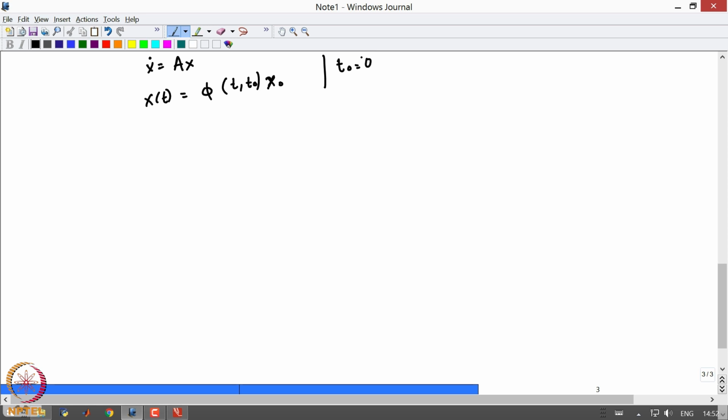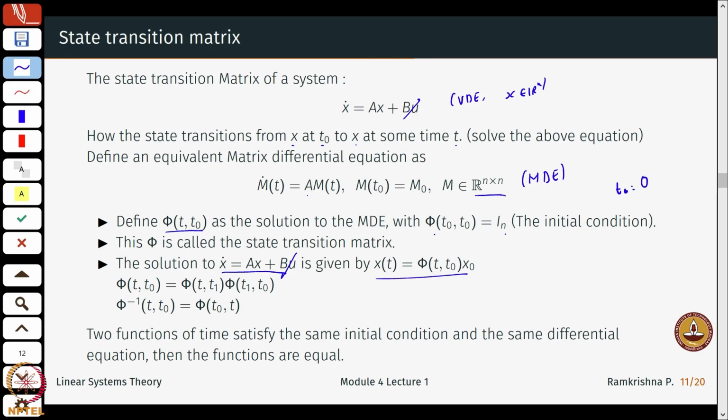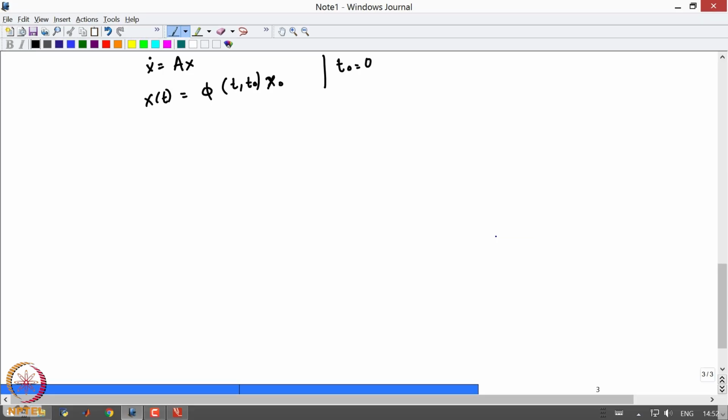What is the property of the state transition matrix, or how did I define this? Phi of t naught comma t naught was the identity, or the initial condition of the matrix differential equation was the n cross n identity matrix. Now I claim that the solution to x dot equal to A x is just this expression here.